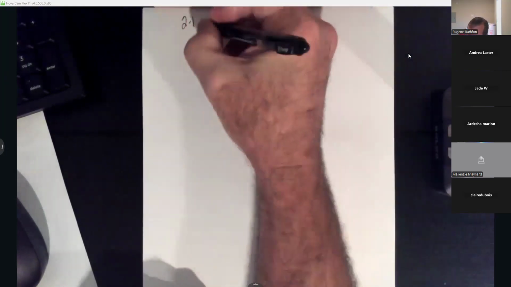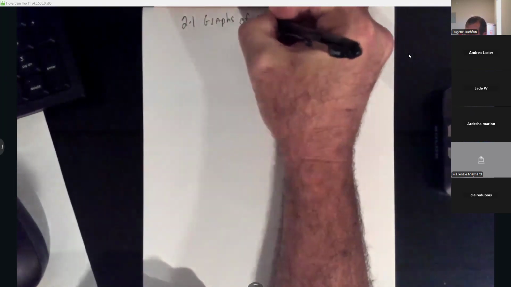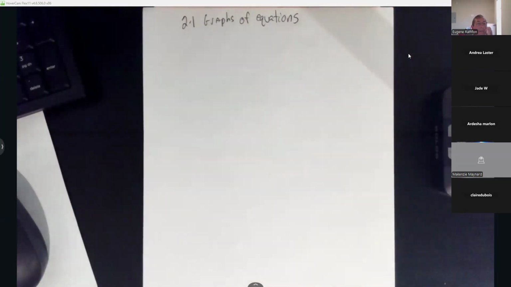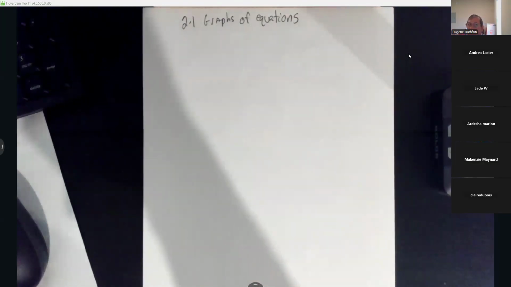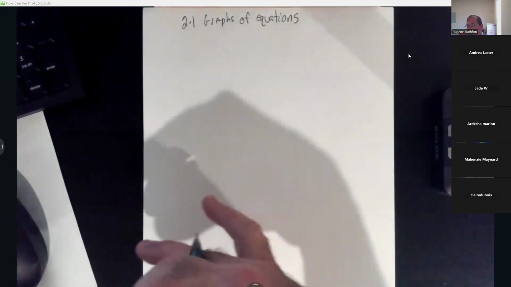Oh, y'all, so this is 2.1 in its graphs of equations. Alrighty, now, the big thing on this is not going to be actually drawing the graphs on paper.